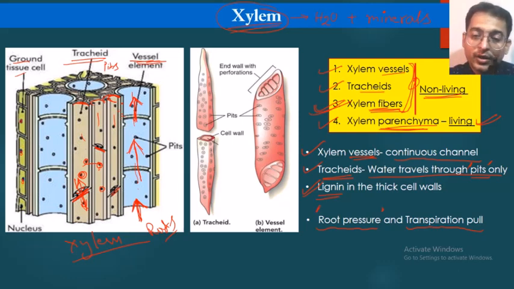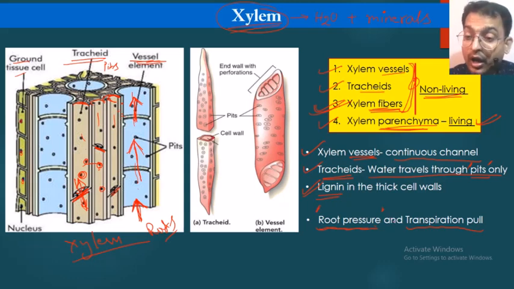So the water is absorbed by the root hairs by the process of diffusion or osmosis. The pressure that root pressure is able to generate is not sufficient for the water to go up to the leaf and stem. It will go only up to a small height.